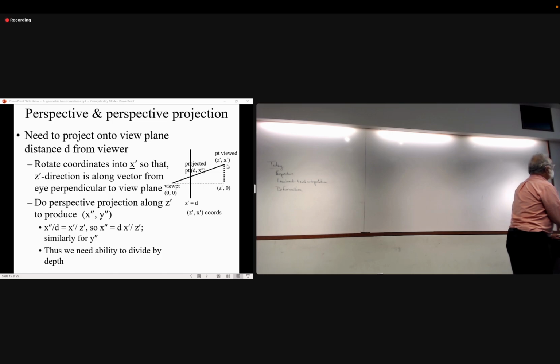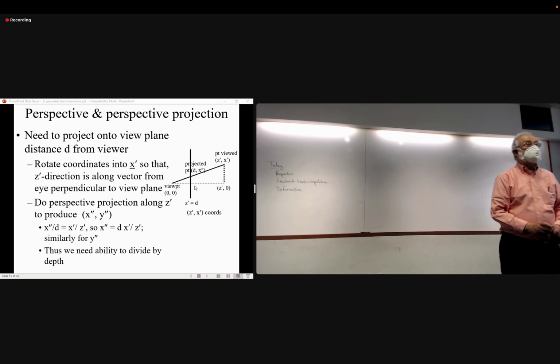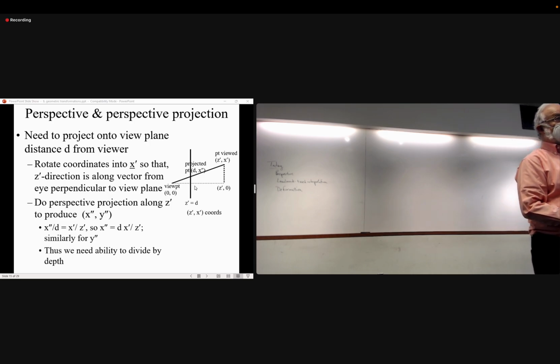And the point is that you got similar triangles. This triangle and this triangle are similar, which is to say that this is to that as this is to that. And assuming we know how far away our screen is from the camera, that's D.